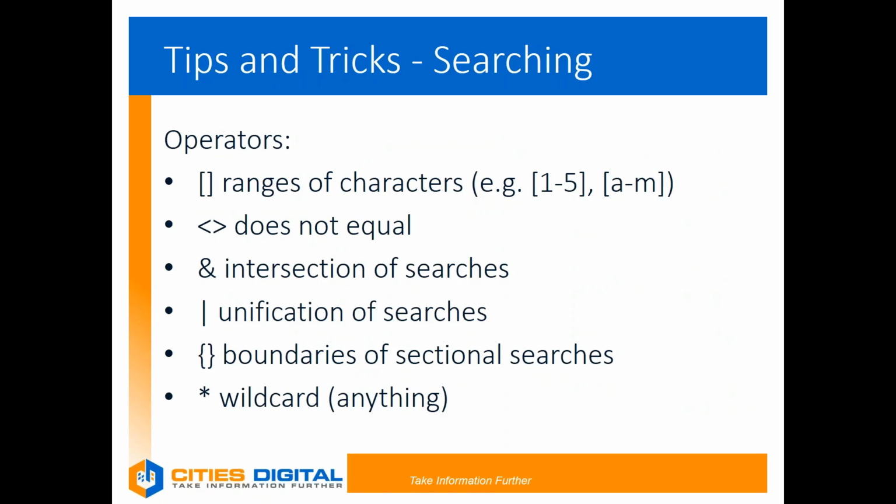We've got brackets, which symbolize a range of characters, and we can also set sections of searches, so search within this phrase. The wildcard is a star. You can search with this word and it'll search anything with that word in it, like read can turn into bread or tread, so we'll search for that whole text.